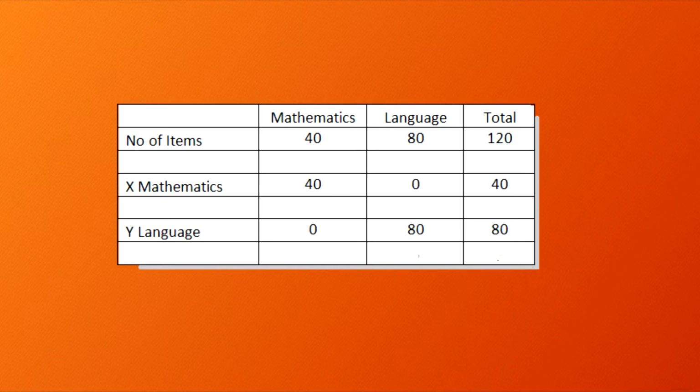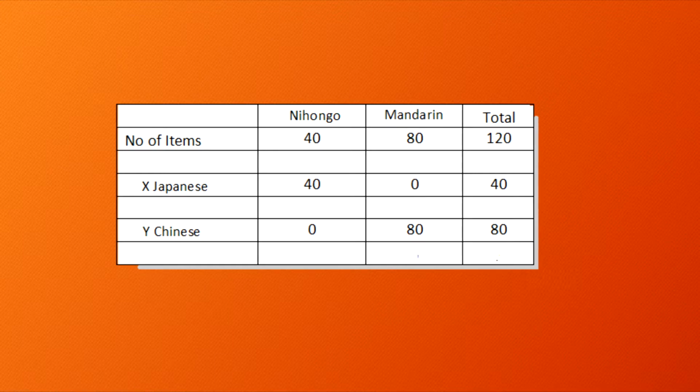Let's have another exaggerated example between mathematics and language students who both took mathematics and language tests. Or Japanese and Chinese students who both took Nihongo and Mandarin tests.